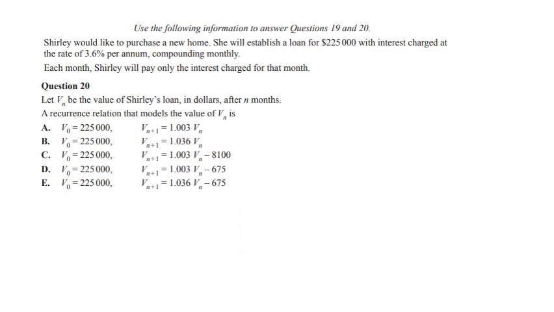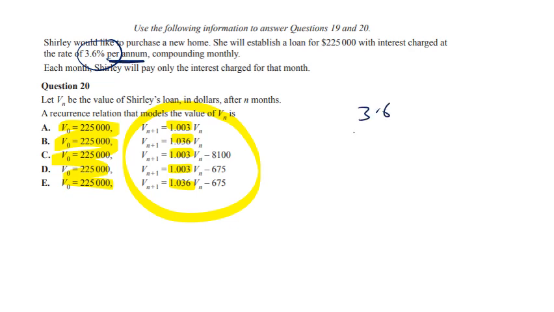Okay, this question was done very, very badly. But again, it's not about the V0 because they're all the same. So it's all about this part of the question. Now, first part is let's look at these numbers here. And there's quite a simple trick here to remember. It says 3.6 per annum. So your interest rate is 3.6 divided by 12.